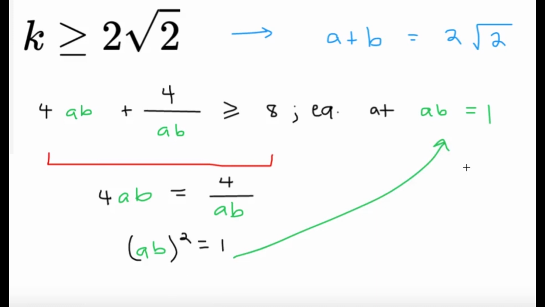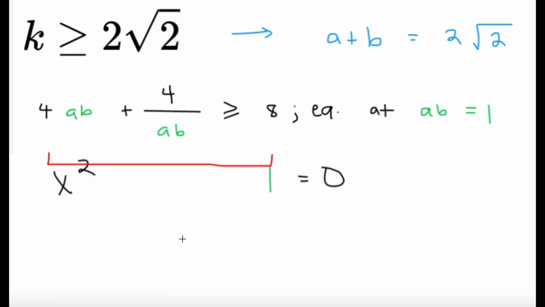So eventually we just have to find the values of A and B such that A plus B is 2 square root of 2 and AB equals 1. That's no problem because we can easily use Vieta's formula for this one. So let's say A and B are the roots of a quadratic equation. The sum is 2 square root of 2.